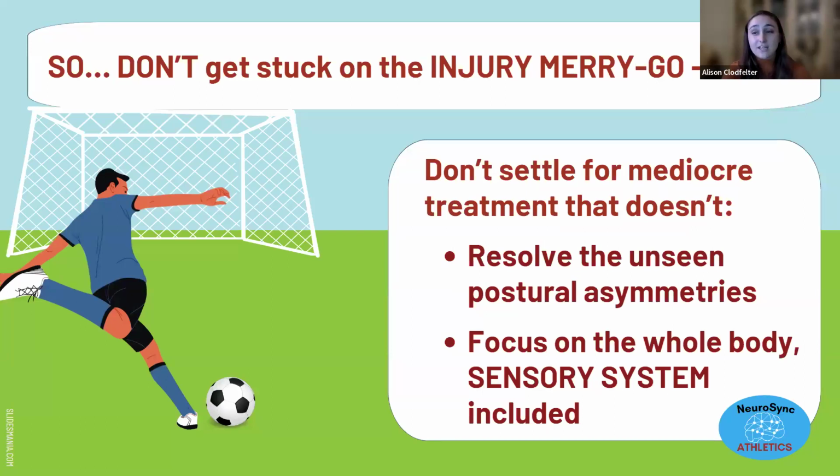We don't want our athletes to get stuck on the injury merry-go-round. So don't settle for mediocre treatment that doesn't resolve the unseen postural asymmetries, and focus on our athlete's whole body, sensory system included. So let's move into some examples now of how this multi-sensory, multi-system approach helped improve our athletes' performance and keep injury away.